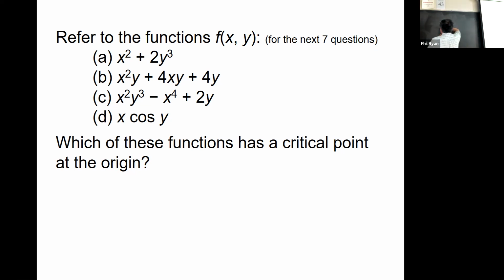Well, we need to start taking some partial derivatives. Okay, what's the partial derivative of A with respect to x?